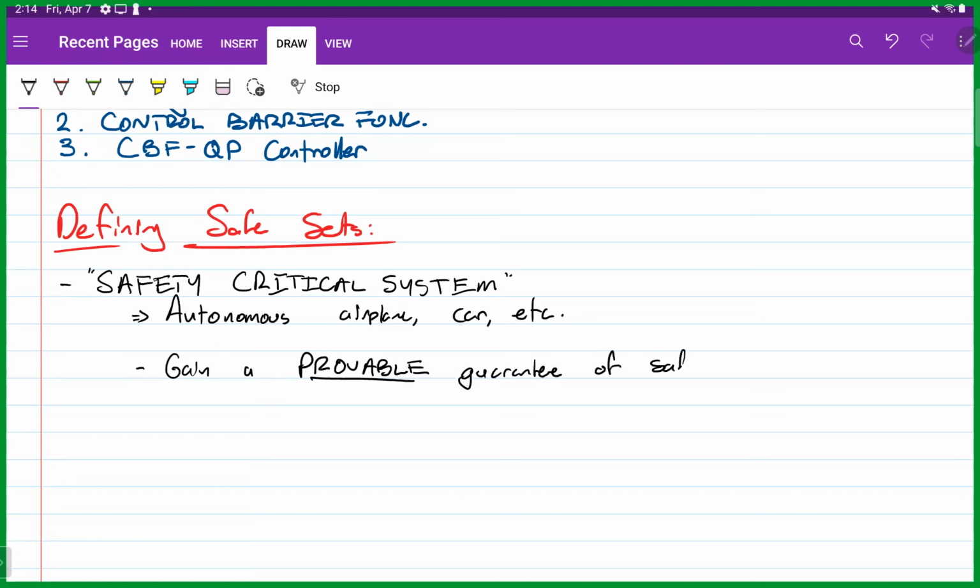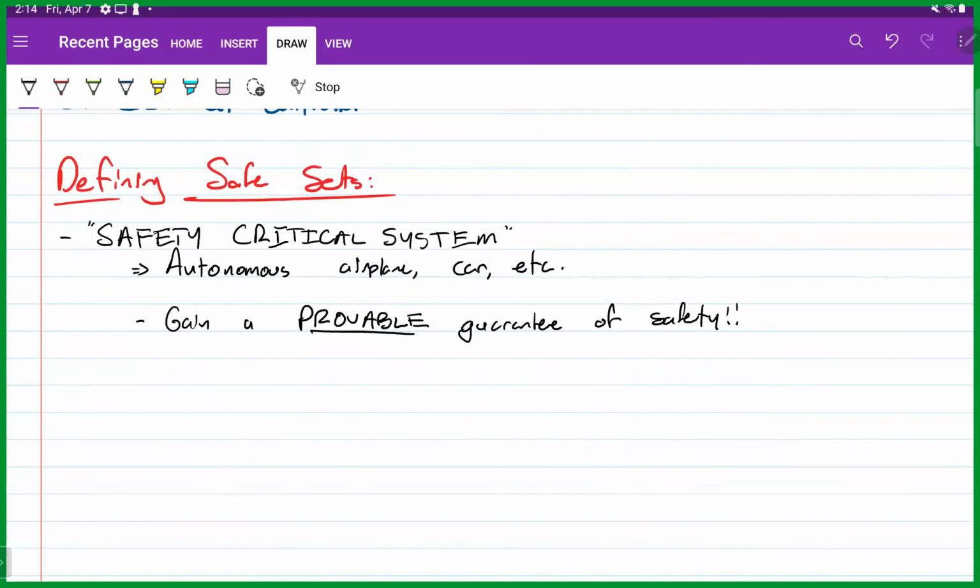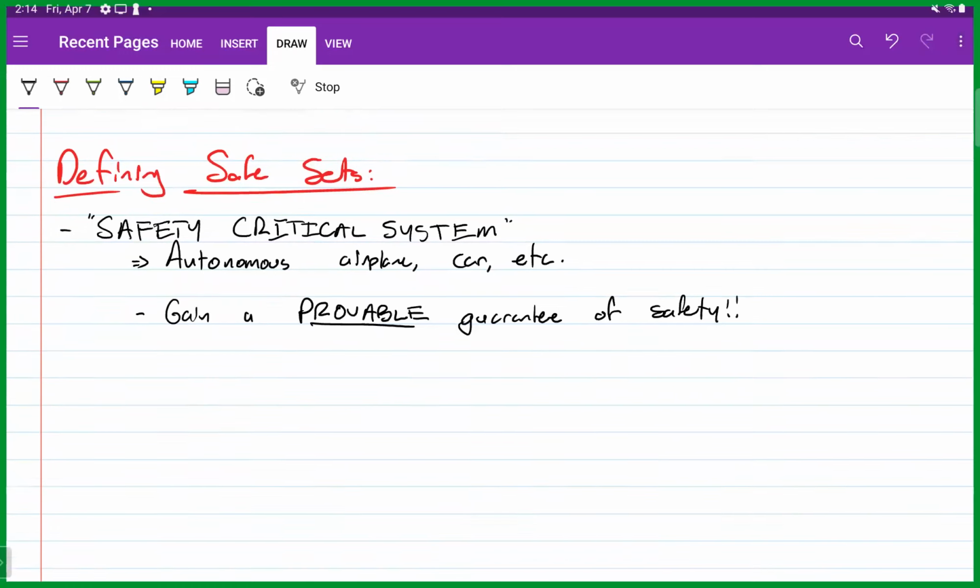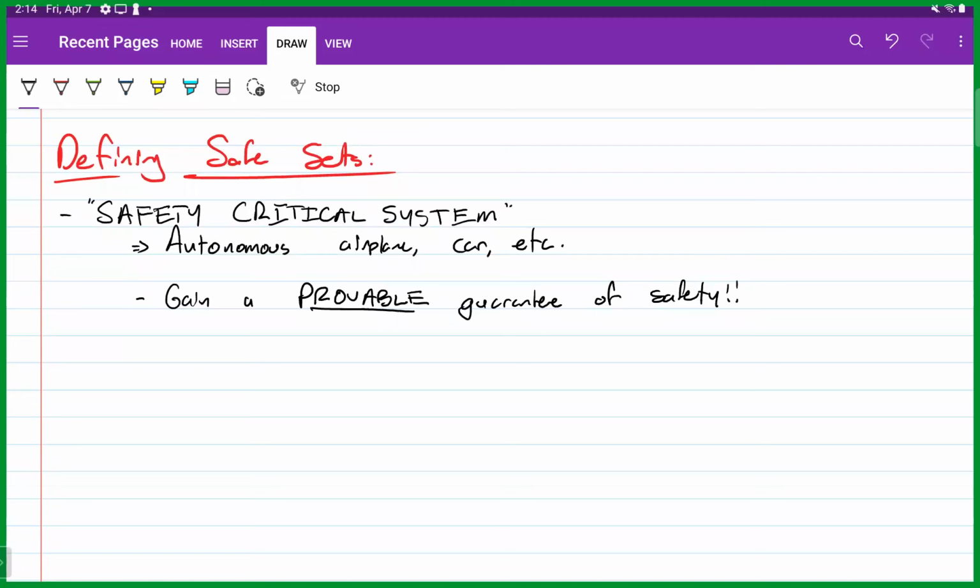This is a nice culmination of why we do a lot of proofs in this class. A lot of the times, especially in 106A, we're always like, this theory is all great, but I want to make my robot move at the end of the day. But I would feel a lot better getting on this autonomous aircraft if someone could guarantee, provably, that this plane is not going to crash.